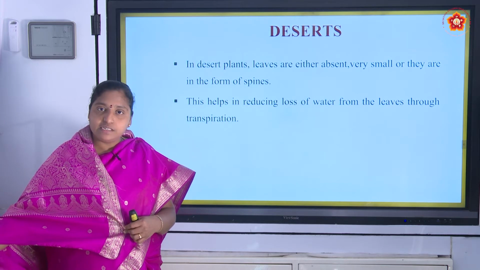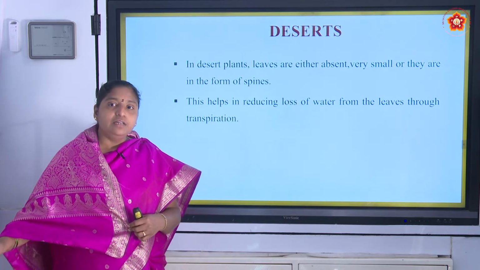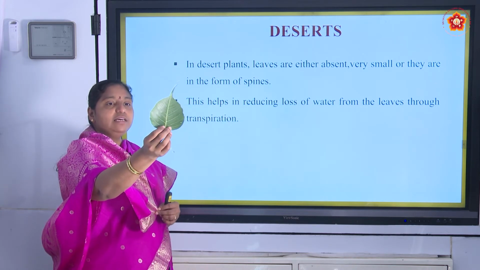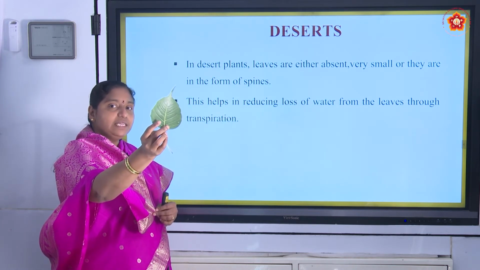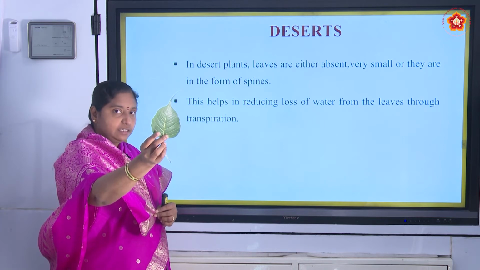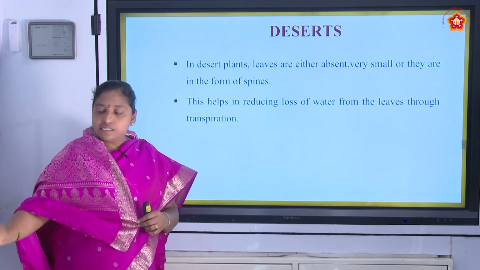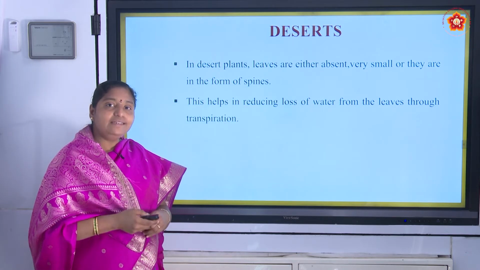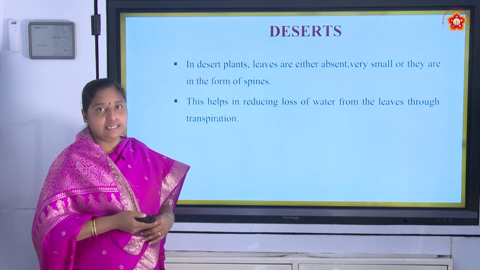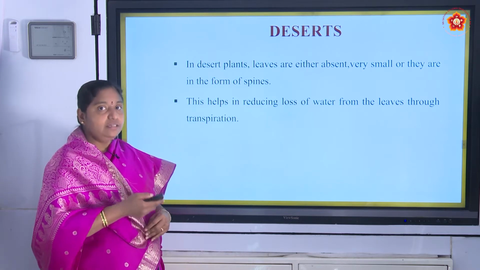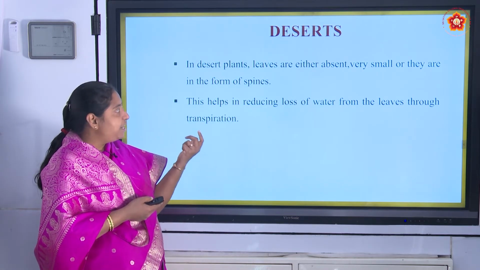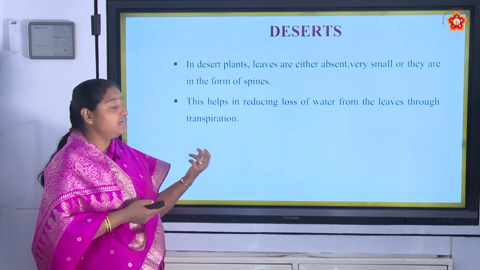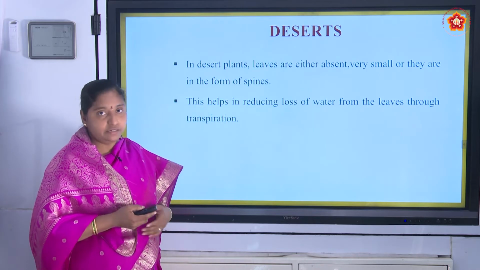If the leaf surface is large, a lot of water will come out from the leaves through stomata, and the chance of loss of water will be more. So the plants that grow in the desert have adapted with spines. The leaves are reduced to spines and are very small, sometimes leaves are absent also.